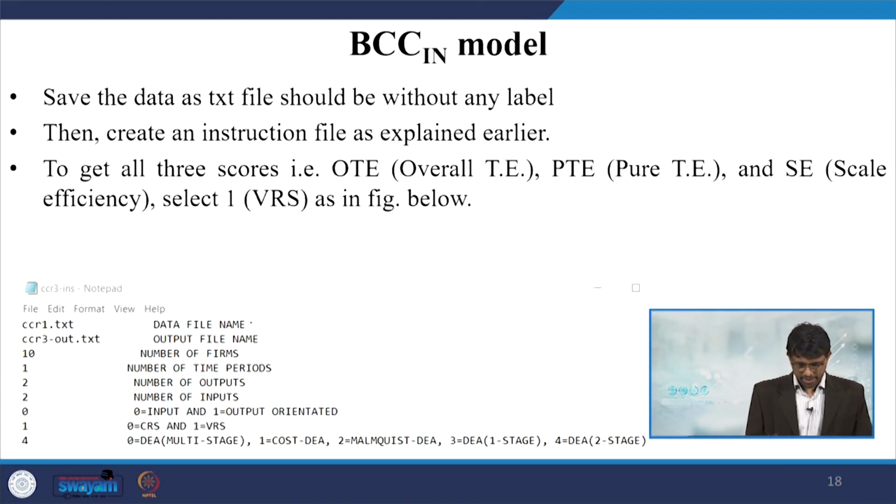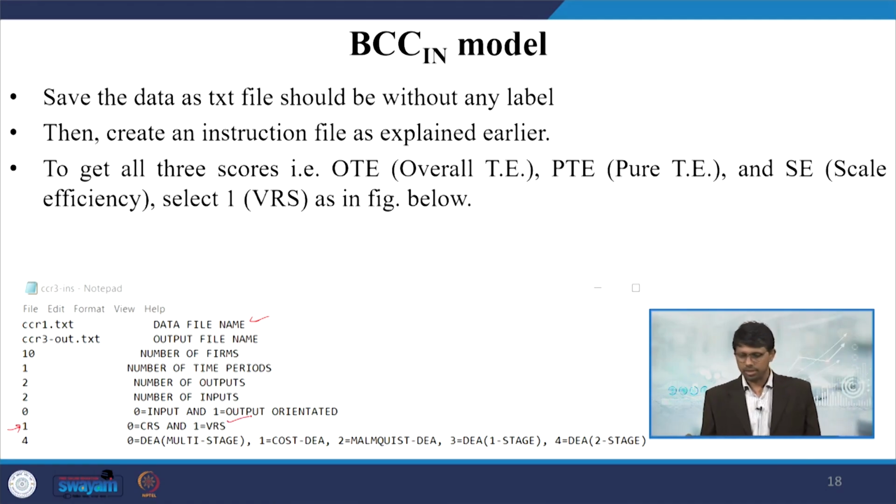The data we have taken, and the output file we can mention as we used to follow earlier, and 0 we take. Here the rest are the same except this, since it is the BCC model. I need not spend more time at this moment. Whenever time permits, we may give more emphasis on this.